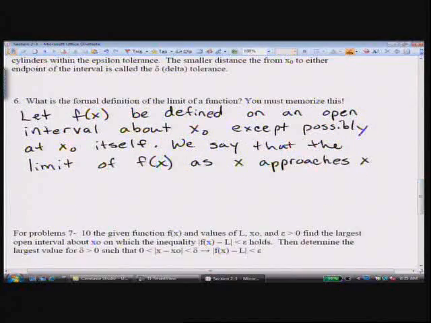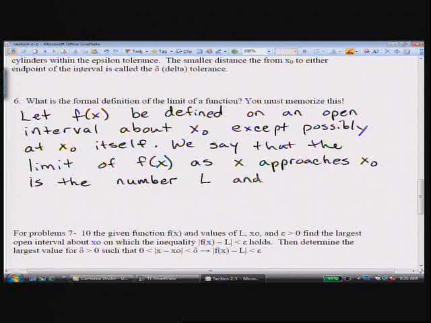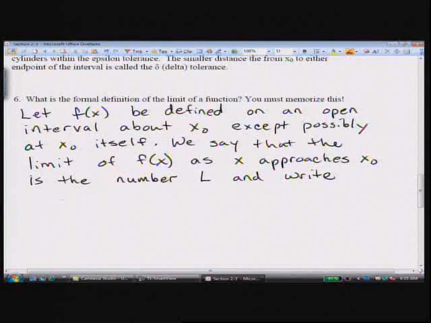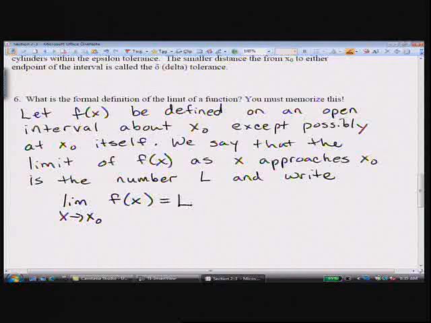Approaches x naught is the number L. Okay, here's the part you really memorize because it makes you look very, very cool. The limit as x approaches x naught of the function f of x equals L.